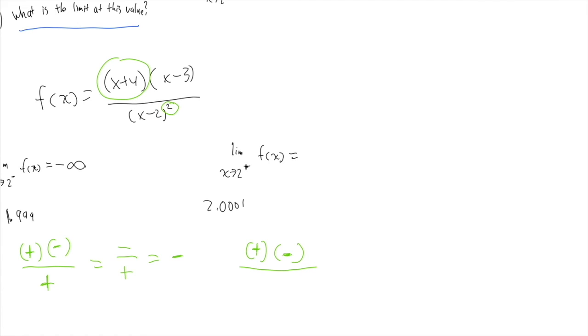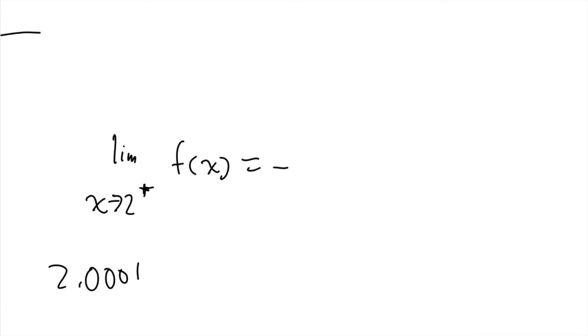And then divide that whole thing by 2.0001 minus 2. Well, that's going to be positive. Squared is a positive. And that's going to equal negative over a positive, which is just going to equal a negative. So the final answer to this limit is that the limit from the right equals negative infinity.